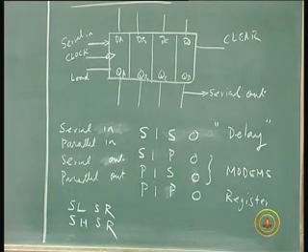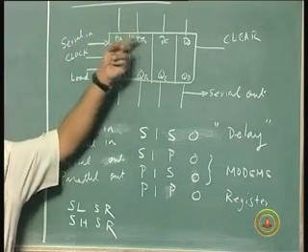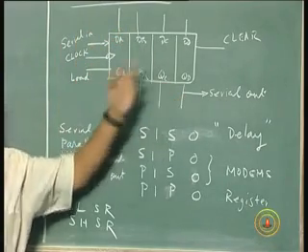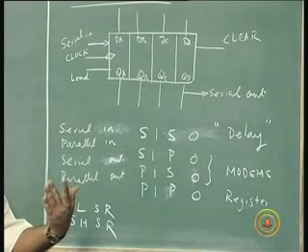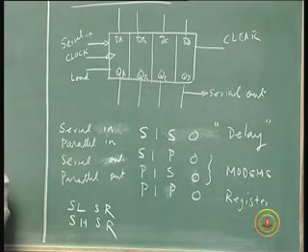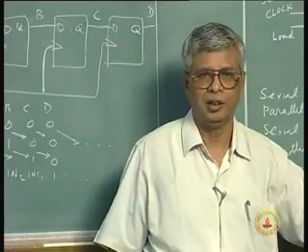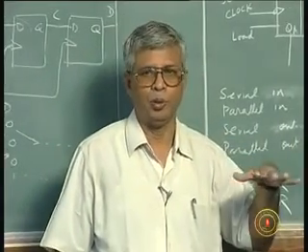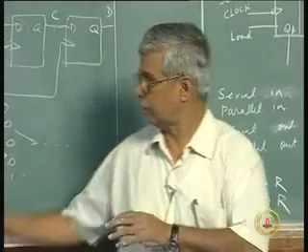So a shift register can have a serial data input, parallel data input, serial data output, parallel data output. It can shift left, it can shift right. And if all of them are given in one, you can buy an appropriate shift register. I can buy a shift left 4-bit shift register with serial input and serial output. Or you can have a register where you don't need shifting, that is a register.